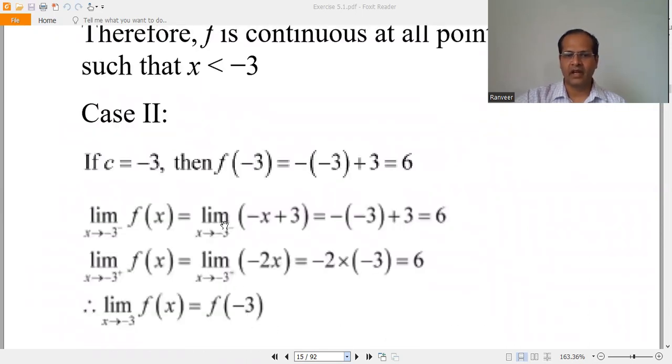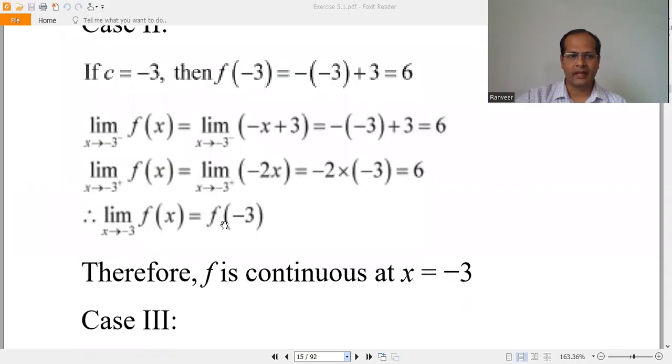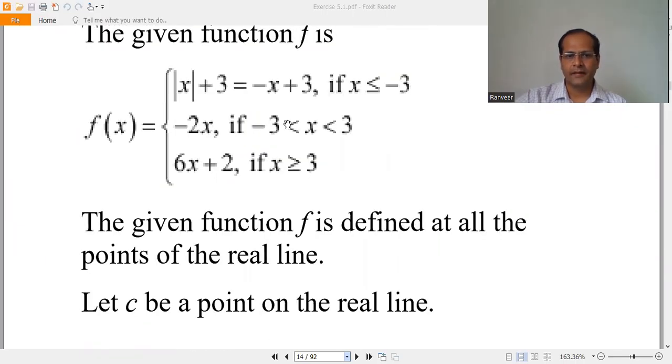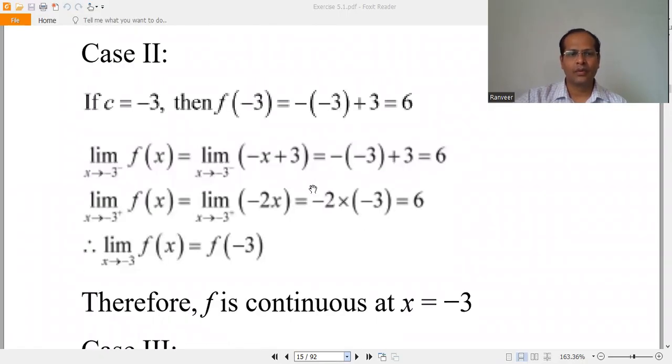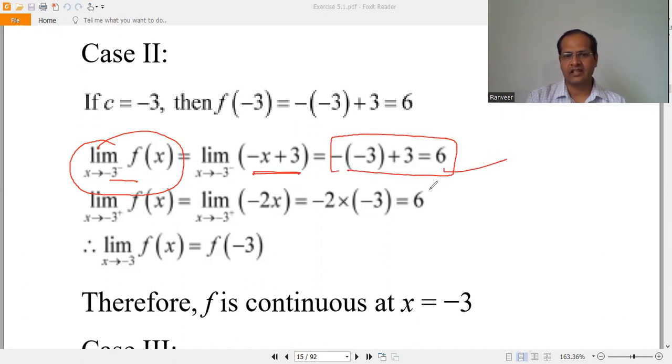So -3 into -2... Sorry, -3 minus, here the value is -3, that is the left hand side value, the function definition is this, and when we substitute, this value is getting 6.